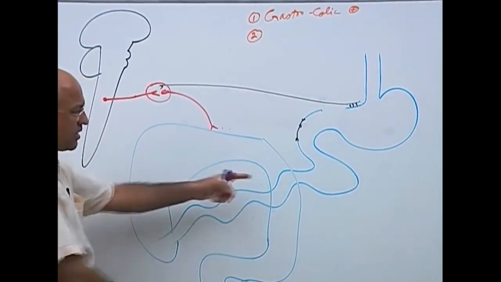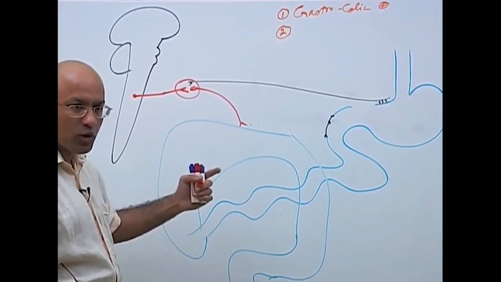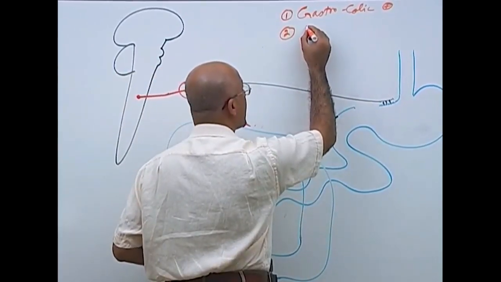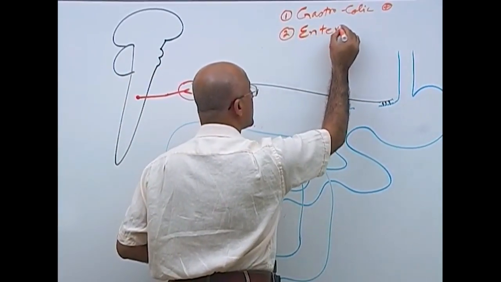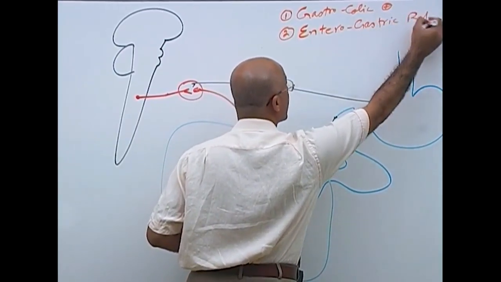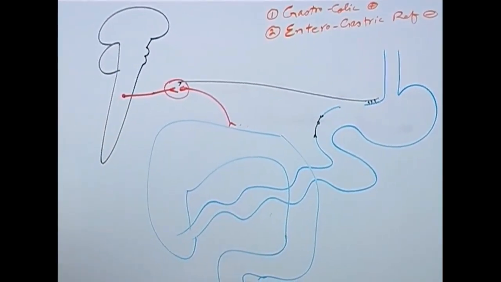Second reflex I told you, this was inhibitory. When the contents of the small intestine or large intestine are overloaded with luminal content, they will inhibit the stomach. So that is called enterogastric reflex, and that is inhibitory, reducing the secretions and reducing the motility of the stomach.